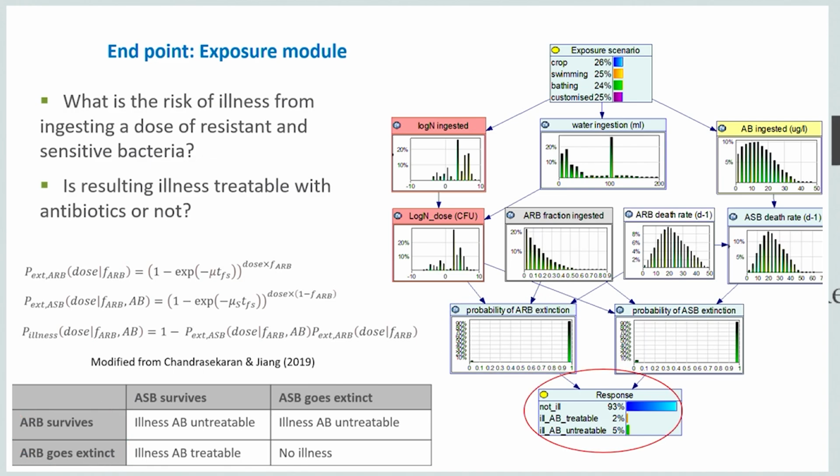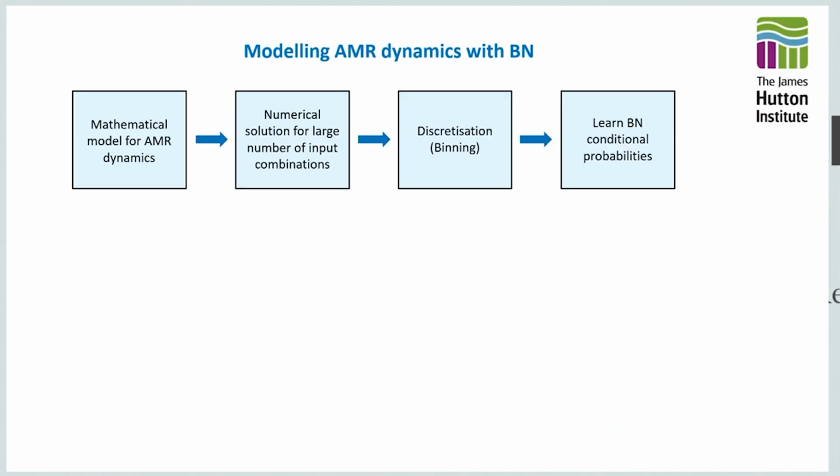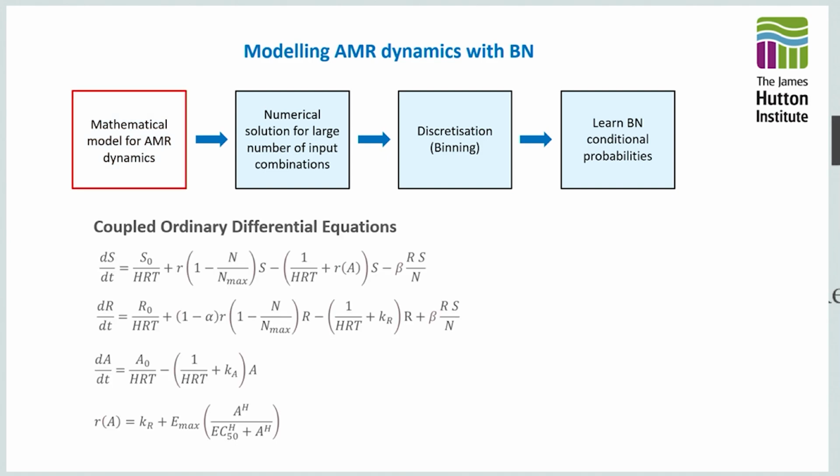So what I wanted to explain very briefly is that we can also output from a mathematical model into this system. I'm going to demonstrate this very briefly using this relatively simple ordinary differential equation model of resistance with sensitive and resistant bacteria and antibiotics, which you can simulate, and anything else you can simulate you could use.